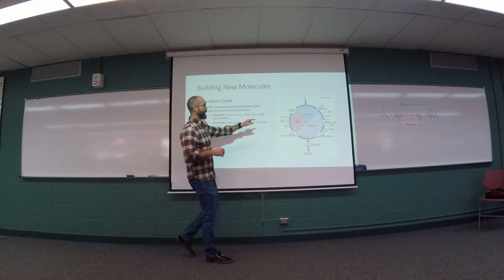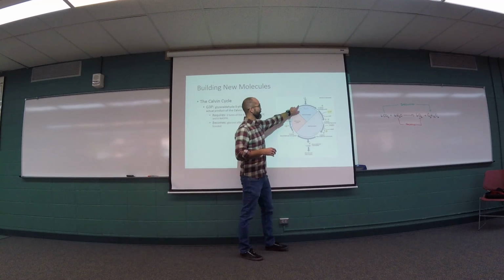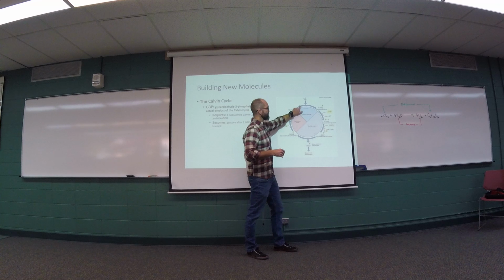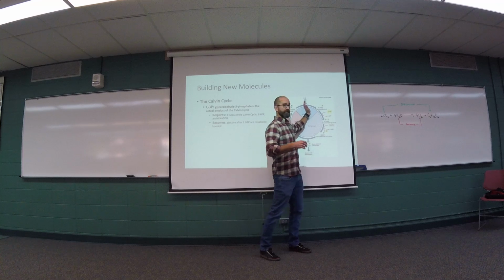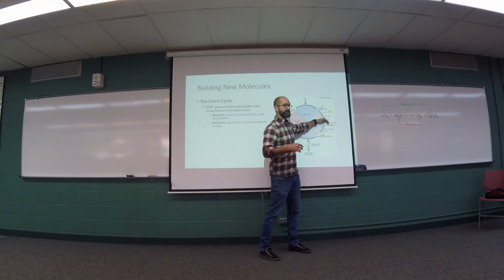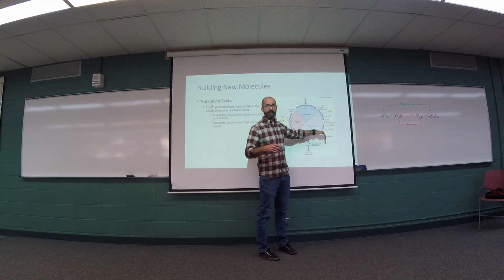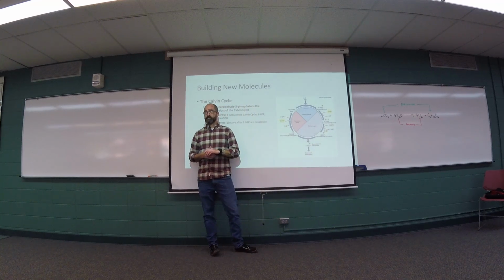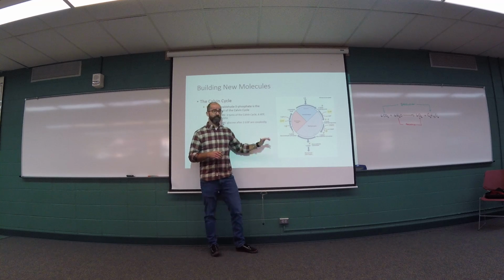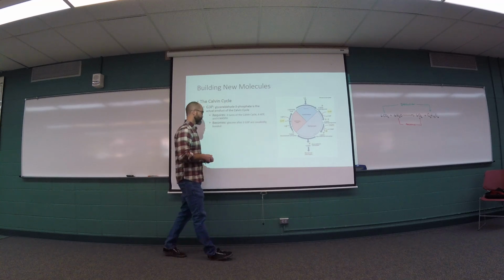So again, we have our 3 Rubiscos that are attached to 3 carbon dioxides to make some 6-carbon intermediate. That's the fixation phase. Then during the reduction phase, we take that 6-carbon intermediate and attach phosphates and electrons to it until ultimately we get 6 G3Ps, right? We pull one out, and the remaining 5 go into the regeneration phase.